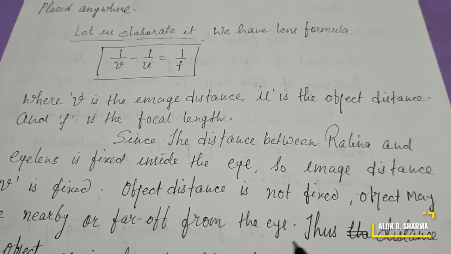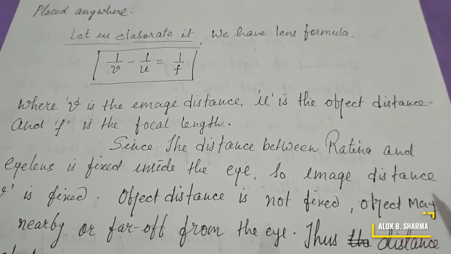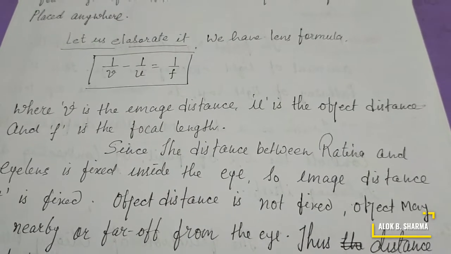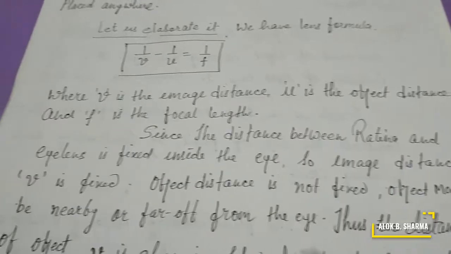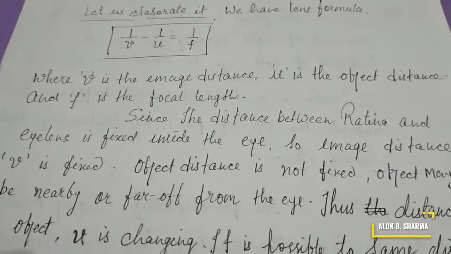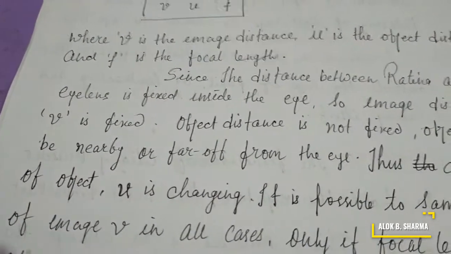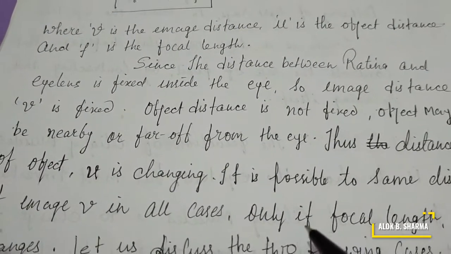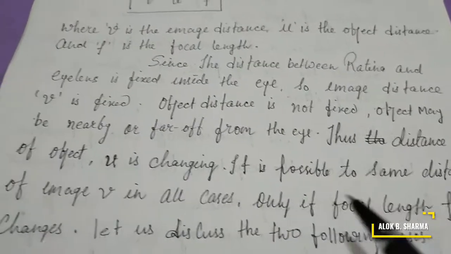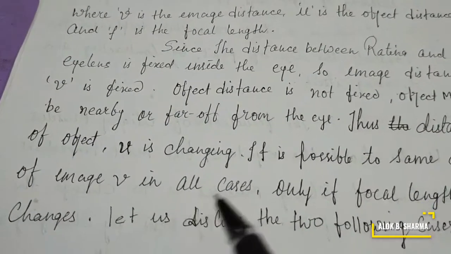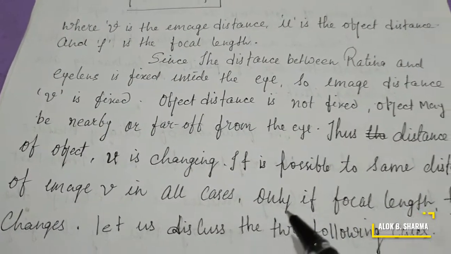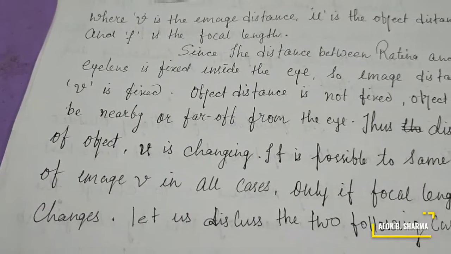So object distance is not fixed. Some objects are far off from our eye, some are nearby. Object may be nearby or far off from the eye. Thus the distance of object u is changing. It is possible to get the same image distance v in all cases only if focal length f changes.